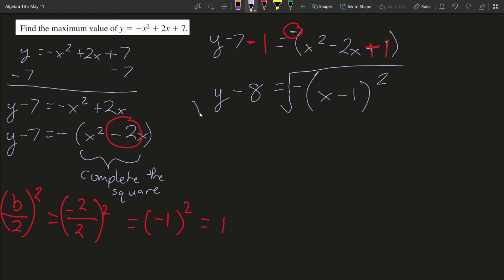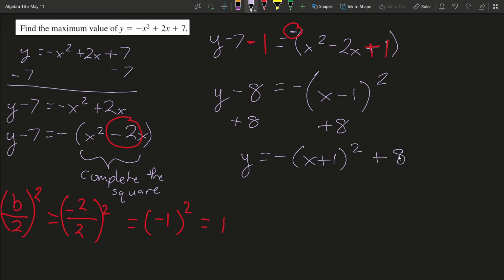And we have to do that to both sides. Oh, my bad, actually. We don't need to square root it. We're trying to find the vertex form for this one. So now, we'll just add this 8 to both sides. Plus 8. And this is our vertex form. We'll write that down here.